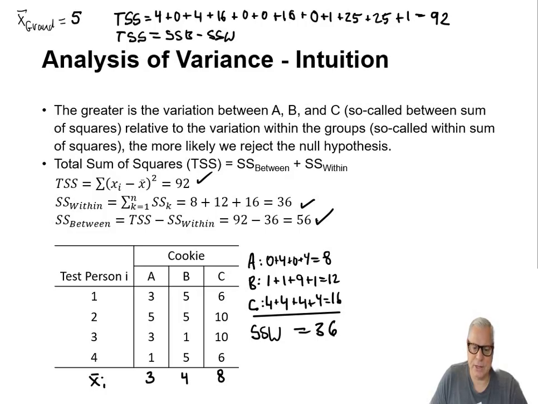So within each group of 4, 3 can always vary freely. But if I know the average of the 4 observations, I know what the fourth observation has to be. So that means we lose 1 degree of freedom in each of groups A, B and C. So we have 3 times 1 degrees of freedom, but we have to subtract those from the total number of 12, and then we get 9.